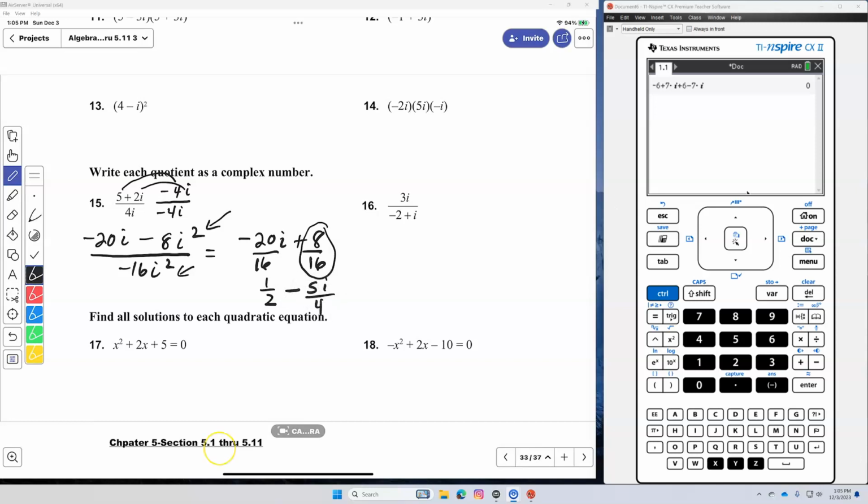Number 16, we have to divide again. And so we're going to have to multiply by the conjugate, which is negative 2 minus i, over negative 2 minus i. So I'm going to apply the distributive property here on the numerator. 3i times negative 2 is negative 6i. 3i times negative i is negative 3i squared, divided by negative 2 times negative 2 is 4.